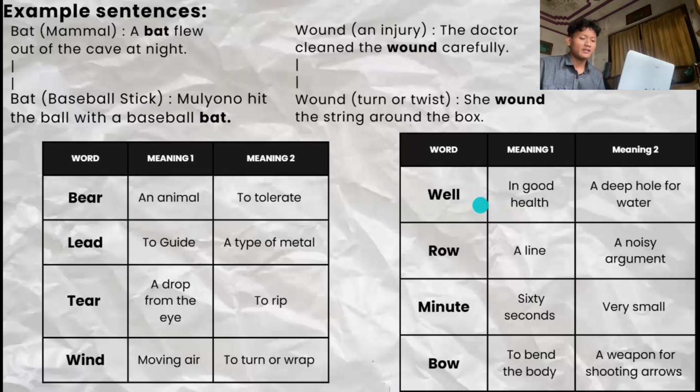Tear can mean a drop from the eye when you're crying, while another meaning is to rip. Next is wind. Wind can mean moving air, or to turn or wrap, like I said before.